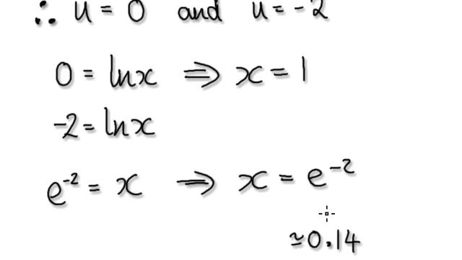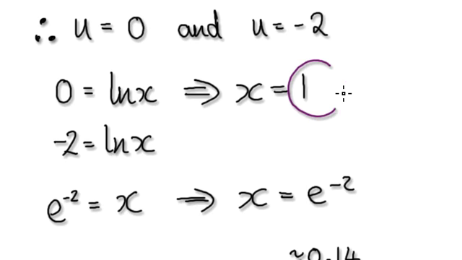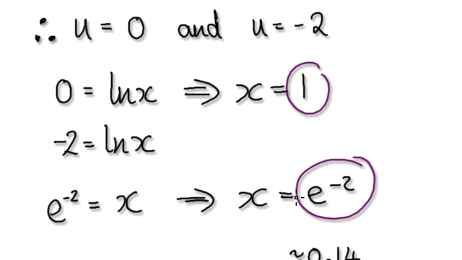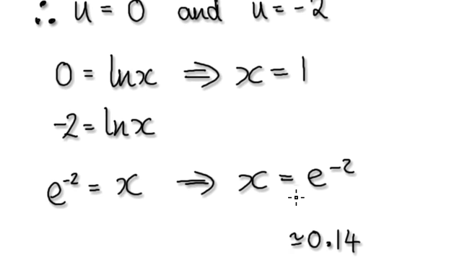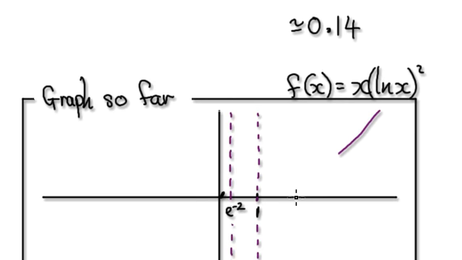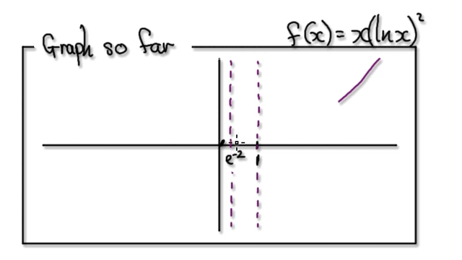So when x equals 1, the gradient will be 0. When x equals this number here, the gradient will be 0. So our graph will look something like this. We know that when x equals 1, somewhere along here the gradient will be 0. When x equals e to the power of -2, the gradient will be 0.